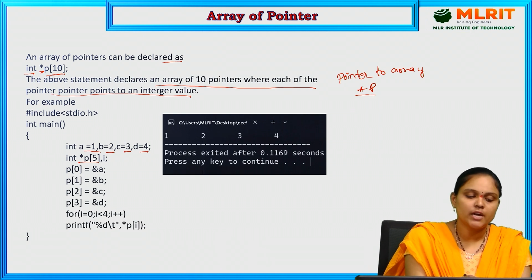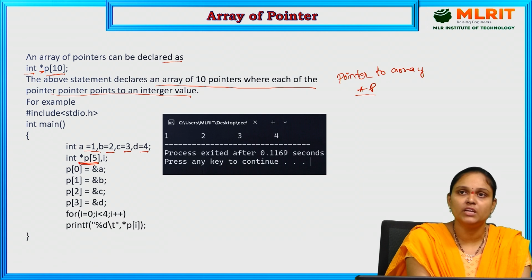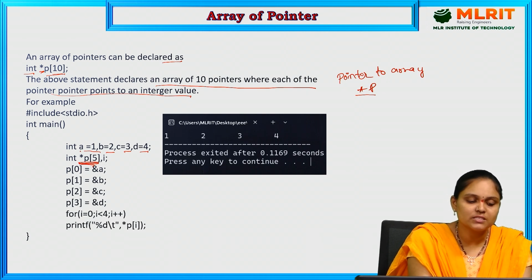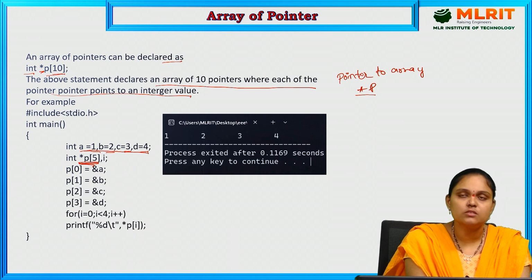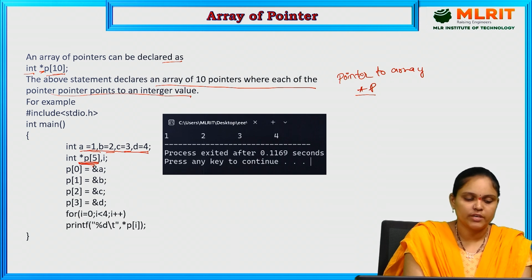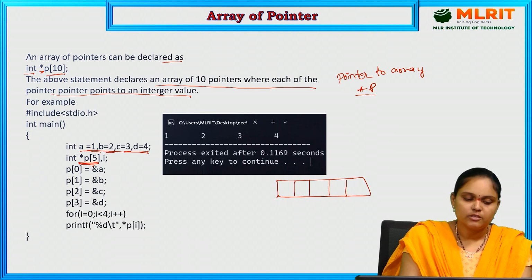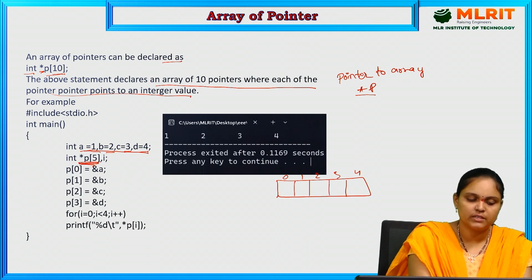And coming to the array of pointers, we have an array, and in that particular array we can store all the addresses, and those addresses can be used to access all these integer values. And this is an array of pointers. So this is the array, with indexes 0 1 2 3 4, and we have declared the size as 5.